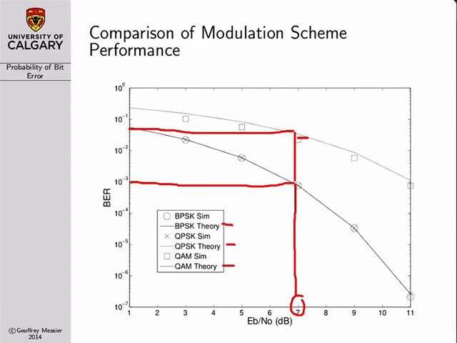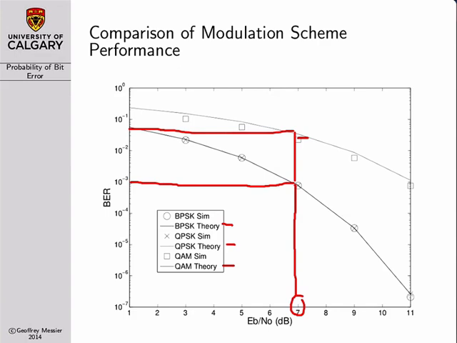And because of that, even when we express it in terms of EB over N naught, we see a performance degradation. So for the same signal-to-noise ratio per bit, we just cannot get the same reliability with 16 QAM that we could with QPSK. And this highlights one of the fundamental trade-offs in communications that's very important always for systems designers to remember. There is this constant throughput, reliability, power trade-off.